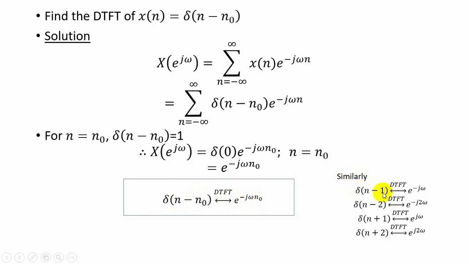Similarly, the discrete time Fourier transform of del of n minus 1 is equal to e power minus j omega. Discrete time Fourier transform of del of n minus 2 is equal to e power minus j 2 omega. Discrete time Fourier transform of del of n plus 1 is equal to e power j omega. Discrete time Fourier transform of del of n plus 2 is equal to e power j 2 omega.